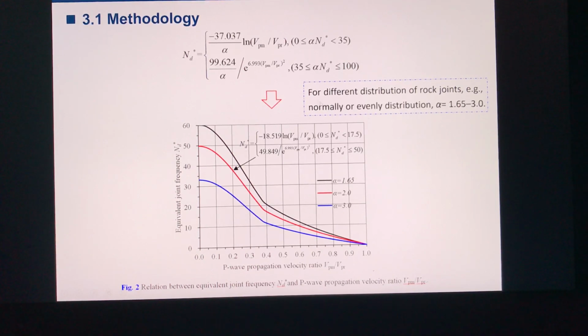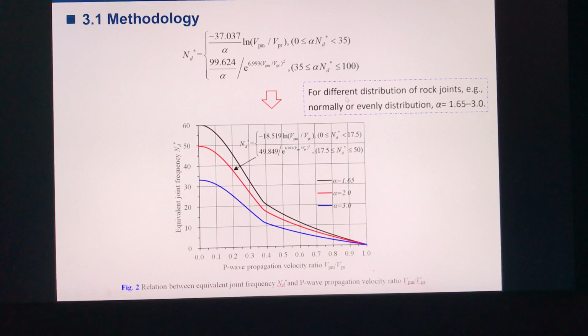In our analysis, there is an important factor, i.e. the multiplying factor alpha. Since it is empirical, since it is experience-based, for different researchers and for different conditions, the multiplying factor alpha is difficult to determine.